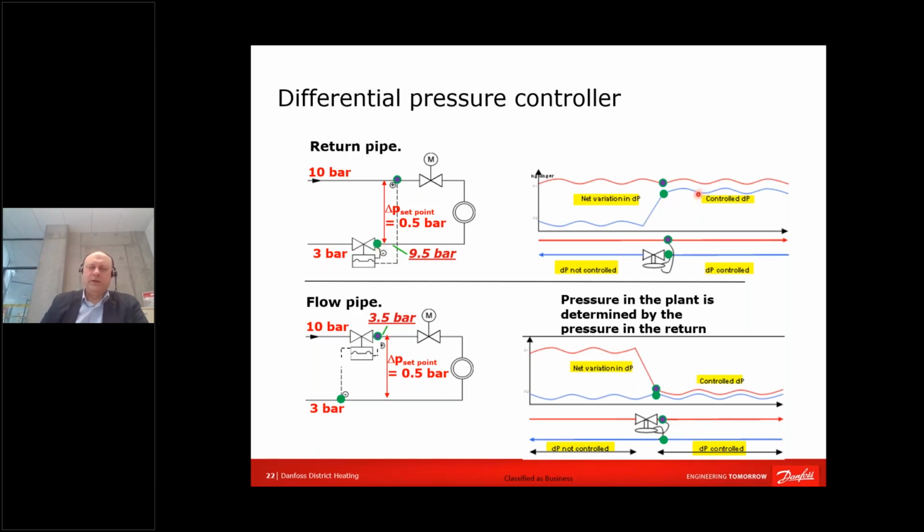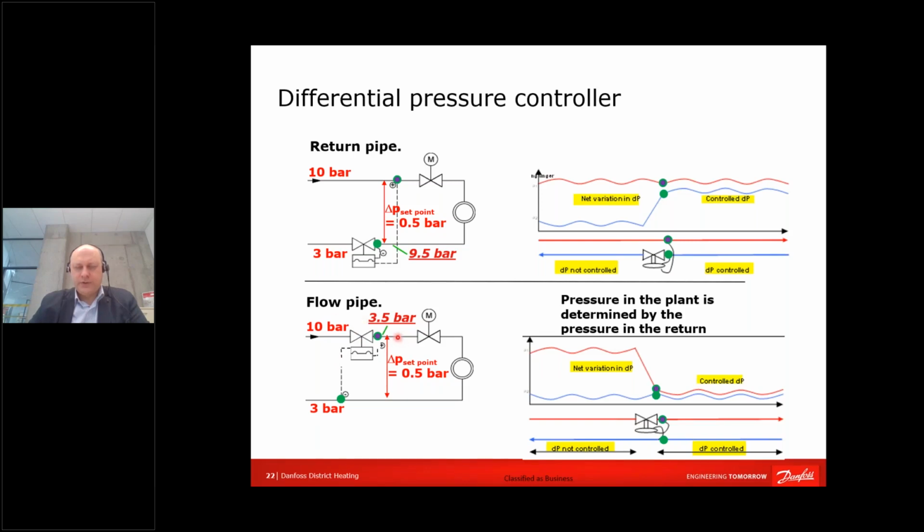Where do we do it? In some applications where we need to push pressure up, just to keep the static pressure high enough to prevent air separation from the water. And in many other applications, quite often, we install the differential pressure controller on the supply line.